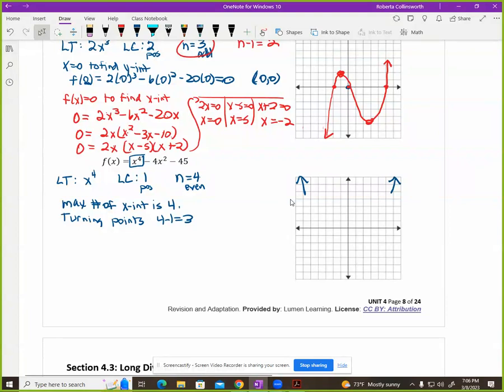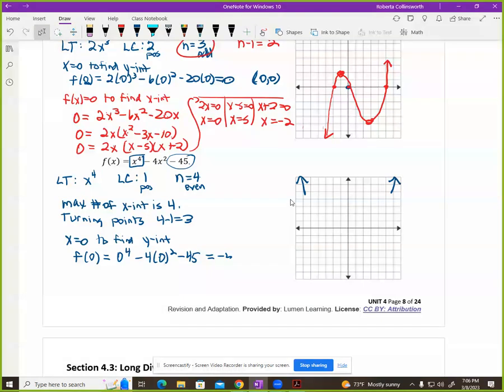So to find the y-intercept, x equals 0. I'm going to take this equation and plug a 0 in for x. This is 0, that's 0.